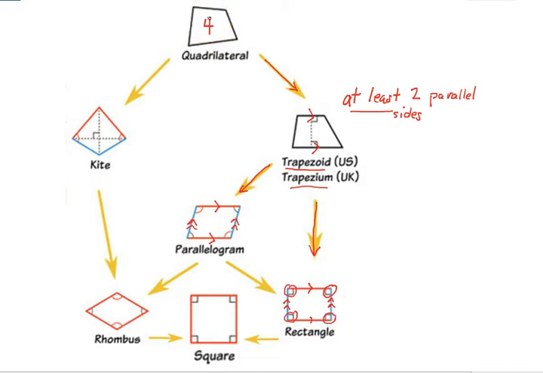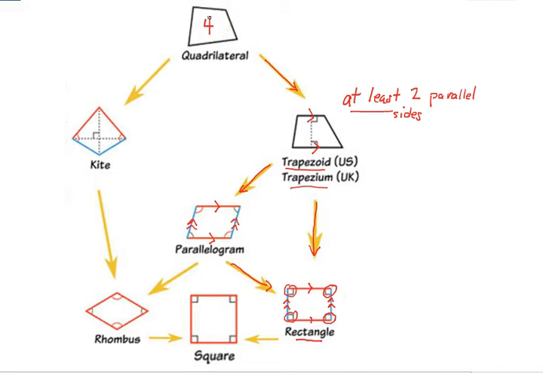So we have four sides, which makes it a quadrilateral, two sets of parallel sides, and that makes it a trapezoid, and four right angles, and that's what makes it a rectangle.